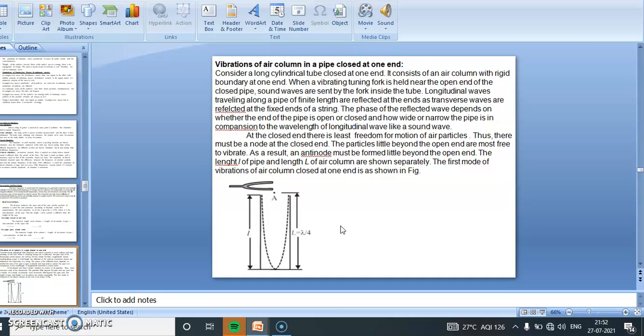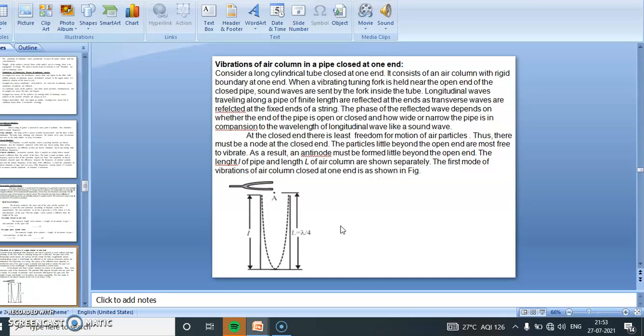The phase of the reflected waves depends on whether the end of the pipe is open or closed and how wide the pipe is in comparison to the wavelength of the longitudinal waves, like sound waves.